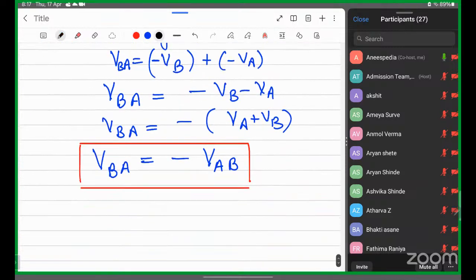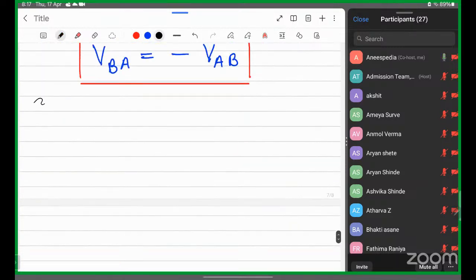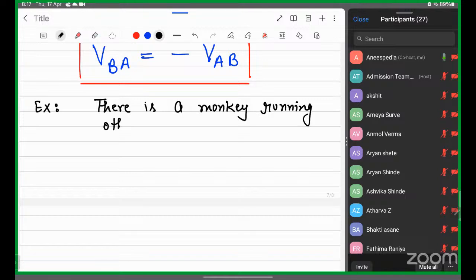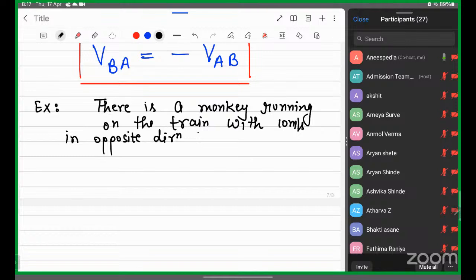Let's say there is a monkey running on the train with 10 meter per second in the direction opposite to that of the train.